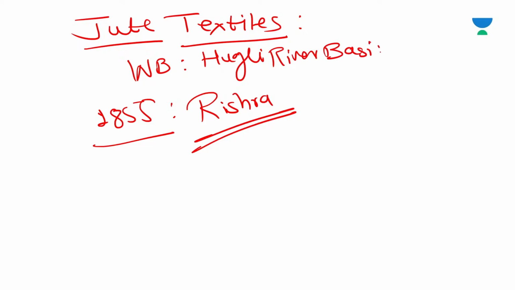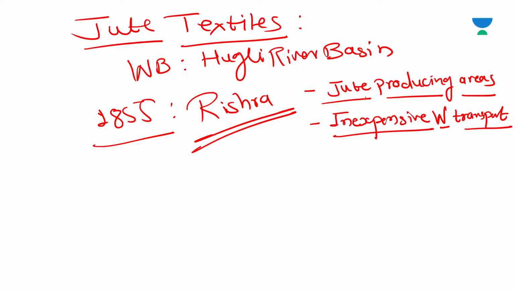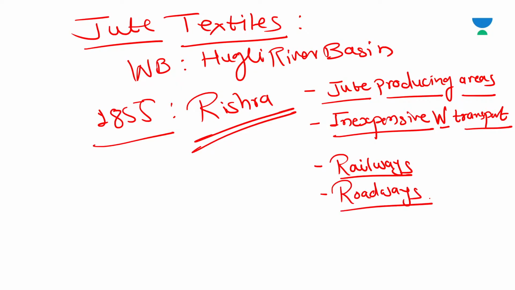So, the factors responsible for the location of jute textile mills in the Hooghly Basin are proximity of jute producing areas, then inexpensive water transport, then a good network of railways, roadways, and waterways to facilitate movement of raw material to the mills.